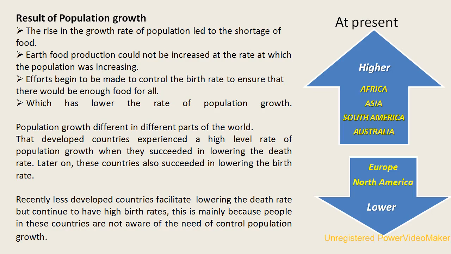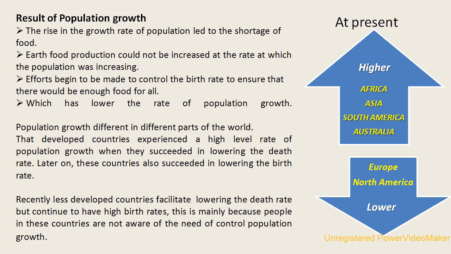Why are they not able to control the birth rate? Because the people in these countries are not aware of the need of controlling population growth. For example, we can take India. By providing medical facilities, insurance, and many other facilities, we try to control the death rate.